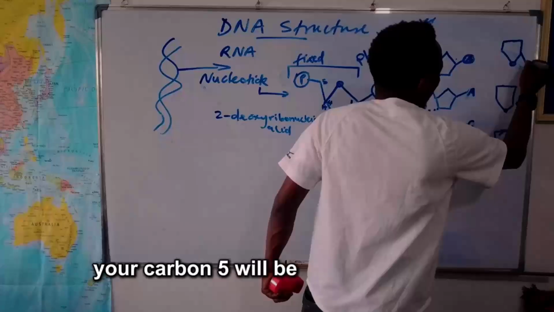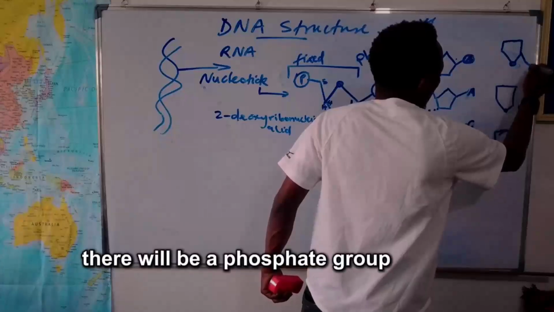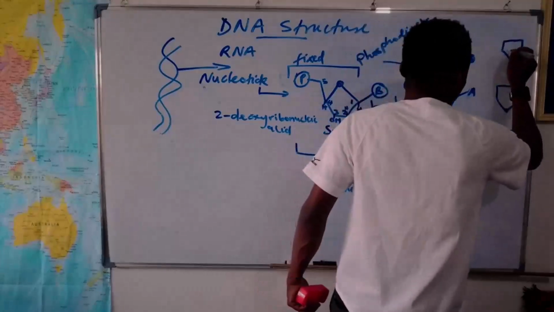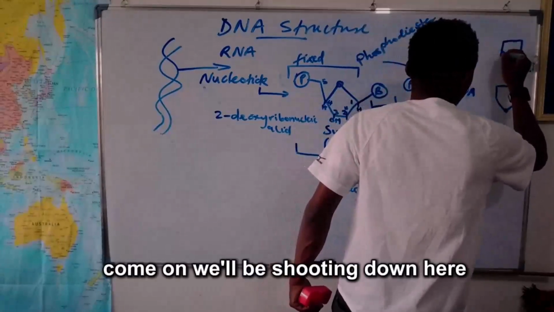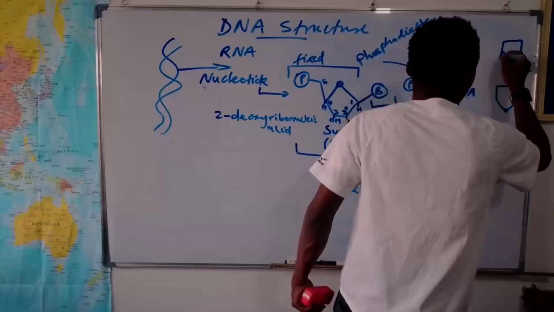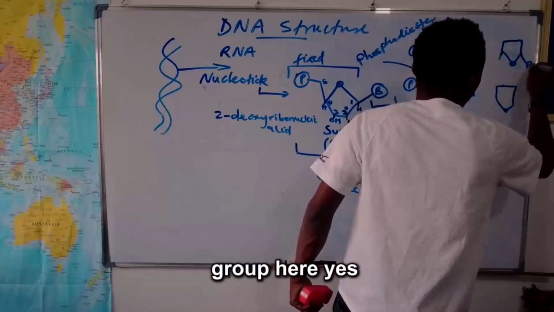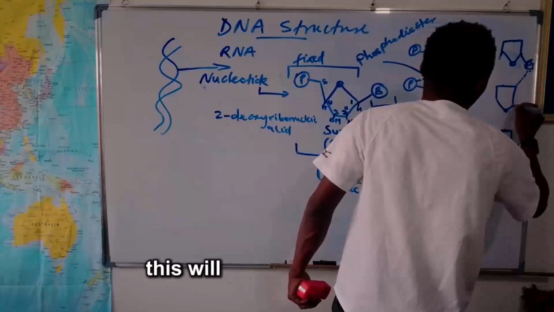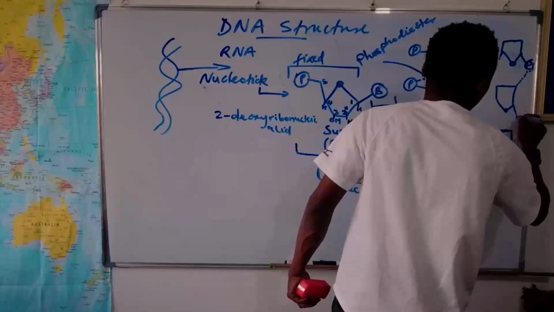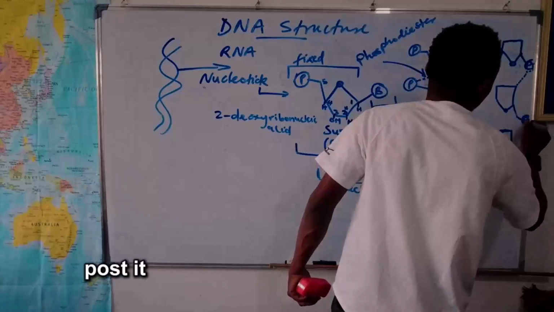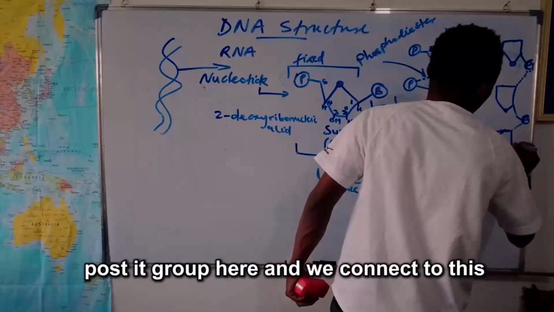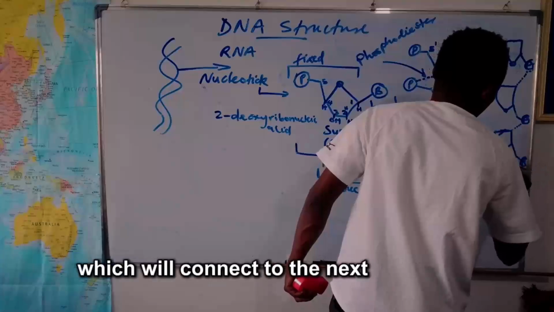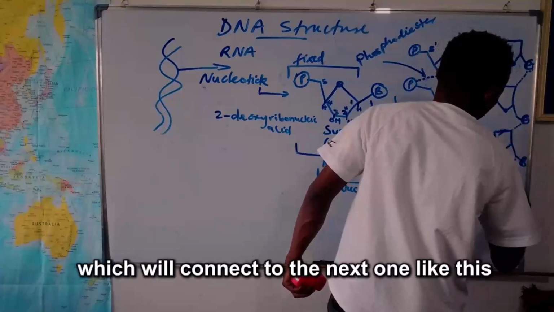Your carbon 5 will be shooting out here. There will be a phosphate group here, and connecting to this like this. Phosphate group here, and this is carbon 5, with a phosphate group here, which will connect to the next one like this.